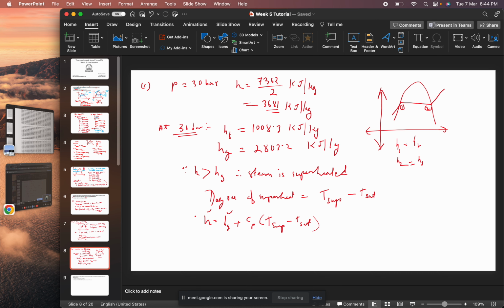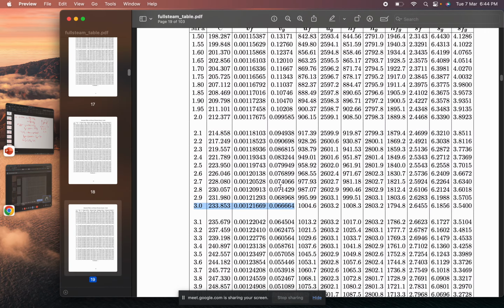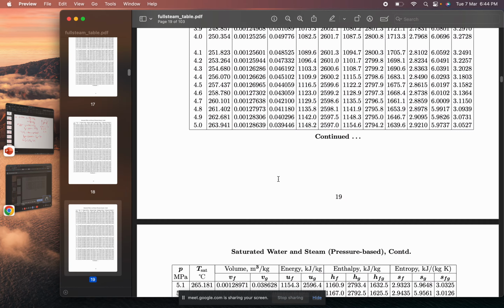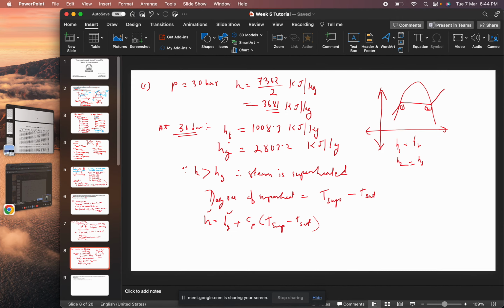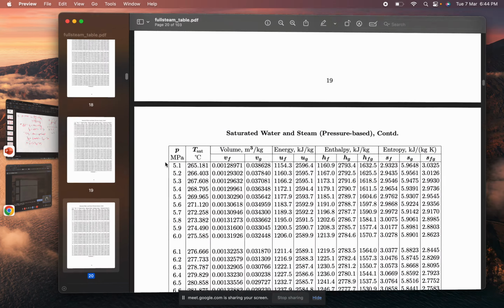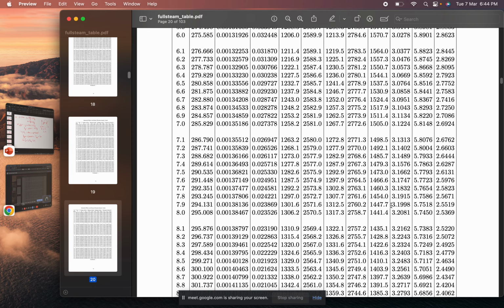Okay, and now since we know it is a superheated state, we will go to the superheated part of the steam table, at 3 megapascal.